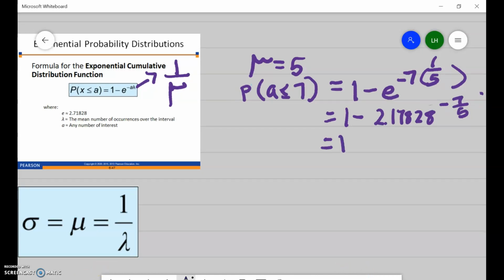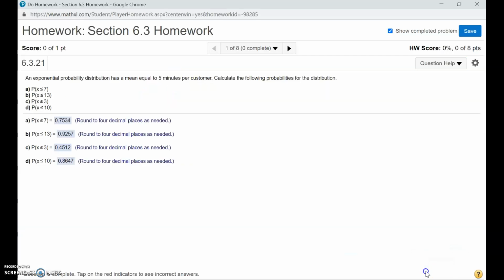If you raise that to the negative 7/5 power in your calculator, you would have to put parentheses around the negative 7/5. You can also change it to the negative 1.4. Once you do that, you will get 0.7534. So that is how you find the probability of a value that is less than or equal to A.